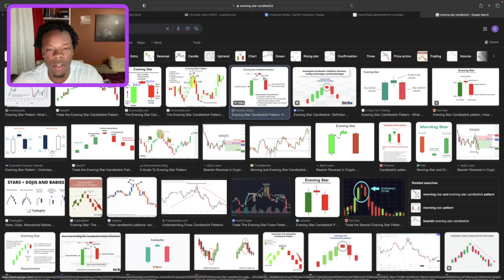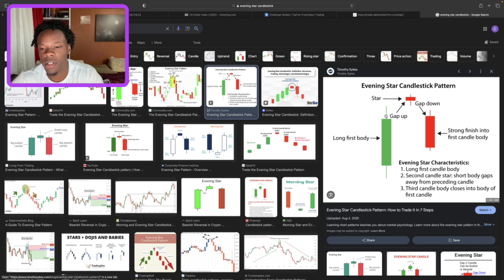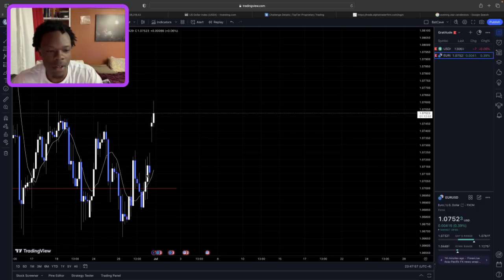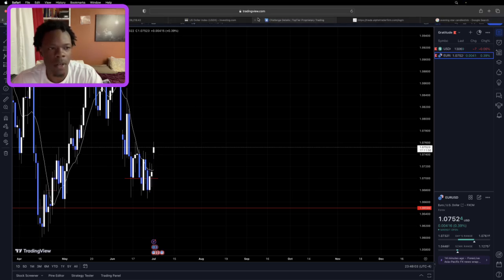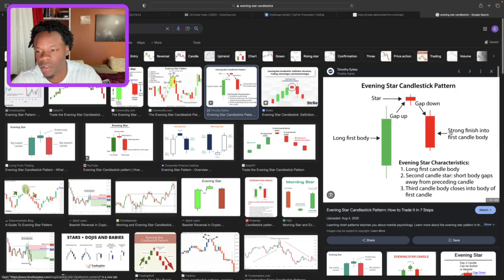An evening star candlestick pattern is essentially when you have the first long bullish candle body, and then it creates a star. As you can see here, you have the bullish candle body, creates a star, and with the next candle, price action creates a strong bearish candle, essentially, right?